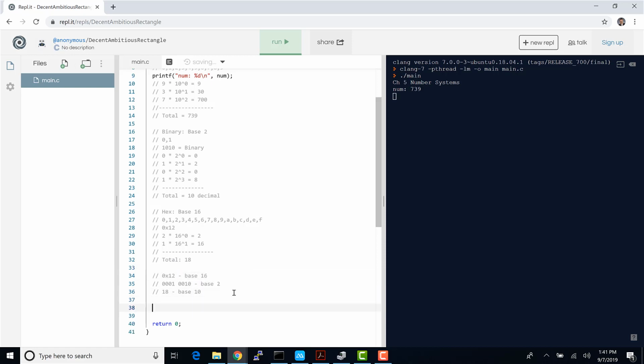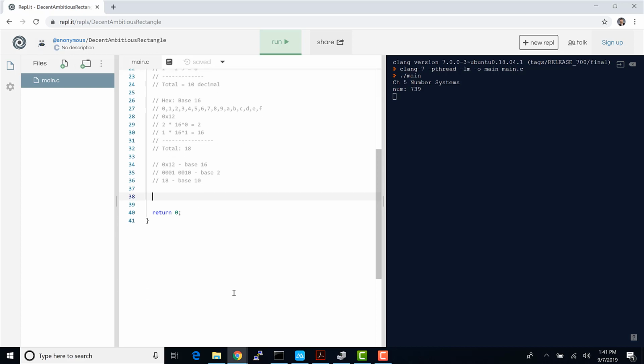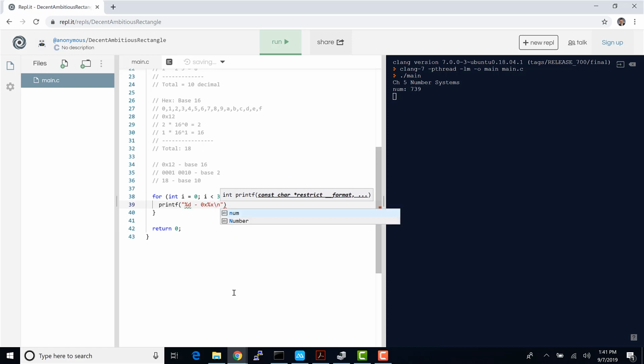So let's run a quick code demo here to show you some more examples. Suppose we said for integer i equals 0, i less than, let's say i less than 32, and i plus plus. And each time we go through here, let's say I want to print out the decimal value, and I also want to print out the hexadecimal value.